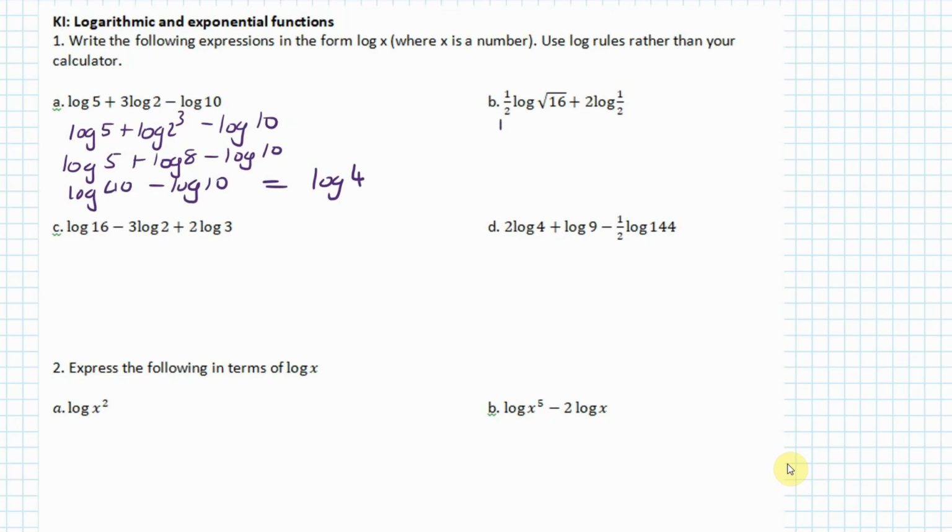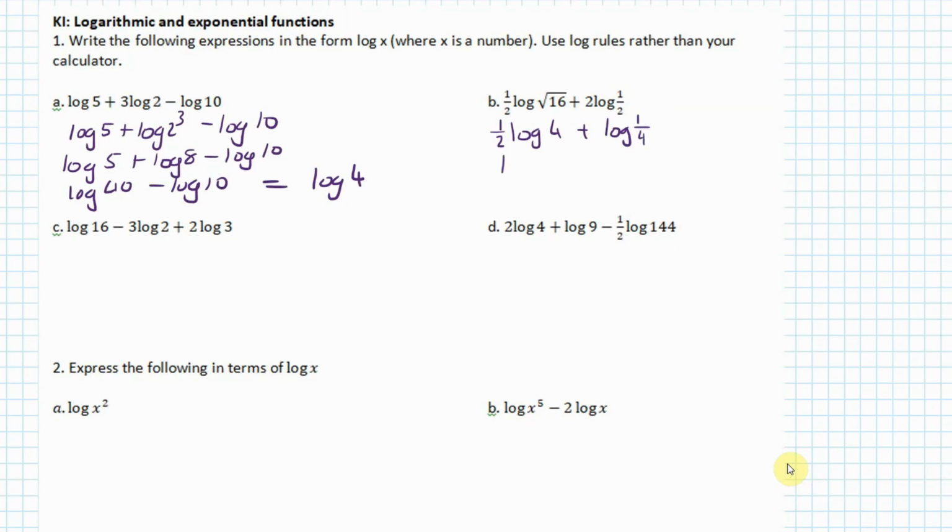Okay, so this one here, I'm going to write as half log 4 plus log 1/2 squared, which another way of writing that is, of course, 1/4.